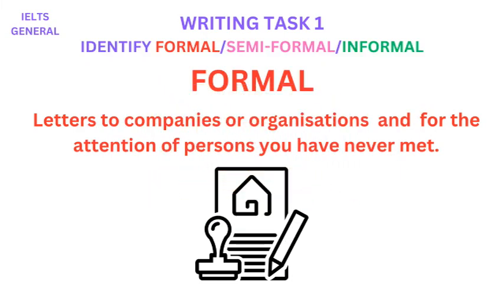Let's talk about how we identify the various letters that we might be required to write in the IELTS General Writing Task 1. So it could be a formal letter, a semi-formal letter, or an informal letter. I think we're all clear on that. Now then, the formal letter: these are letters to companies or organizations, and for the attention of people that we have never actually met.